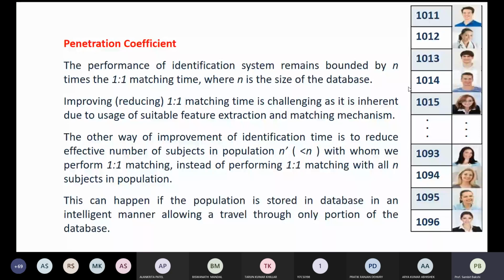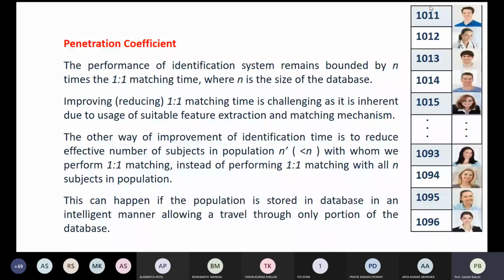You need to run exactly as many comparisons as the number of subjects in the database. Here in this case, you would run 96 minus 11 plus 1 comparisons, then only you can tell which one is best. That means you are penetrating the total database. You are checking with 100% of the database.